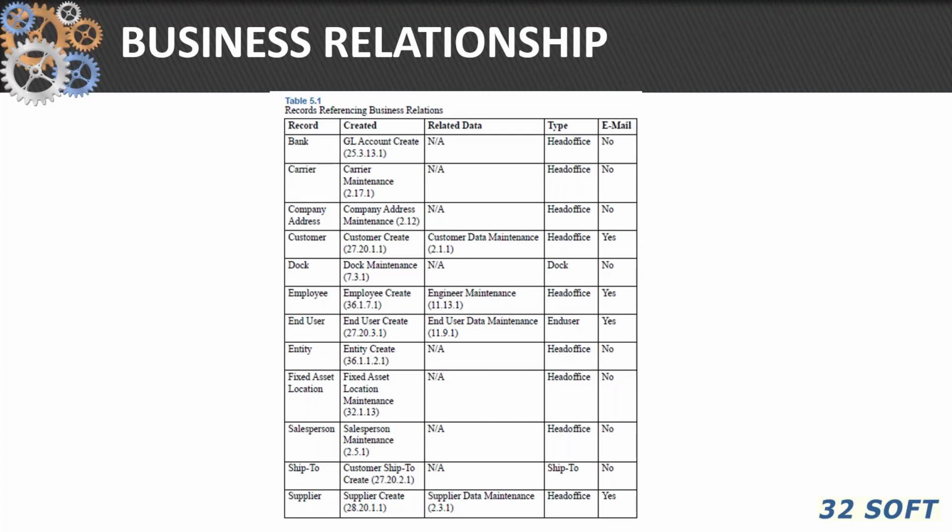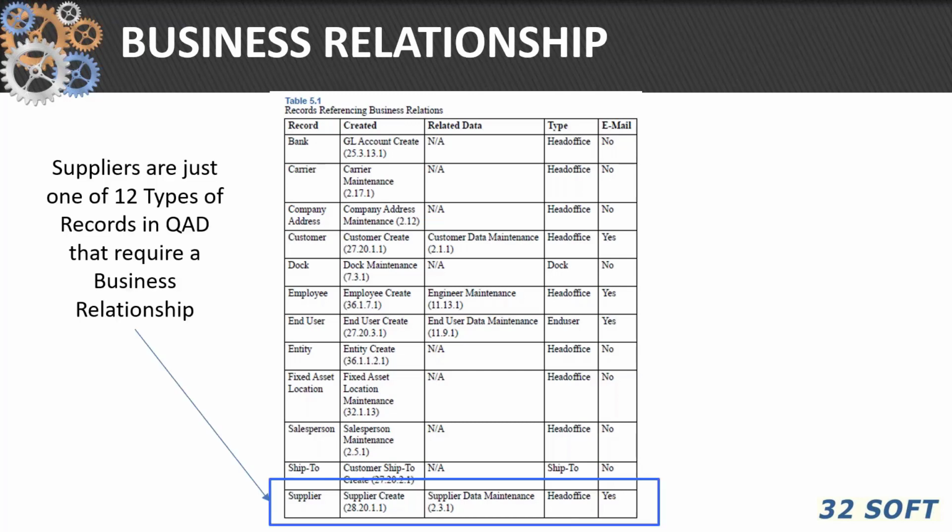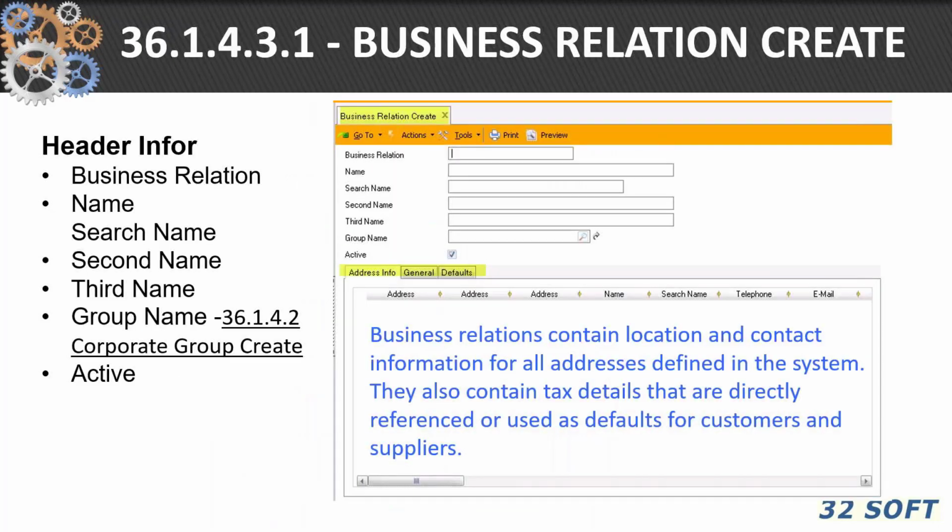There are 12 elements that require a business relationship. So before you can enter a supplier, you have to create the business relationship before you can enter the supplier relationship.